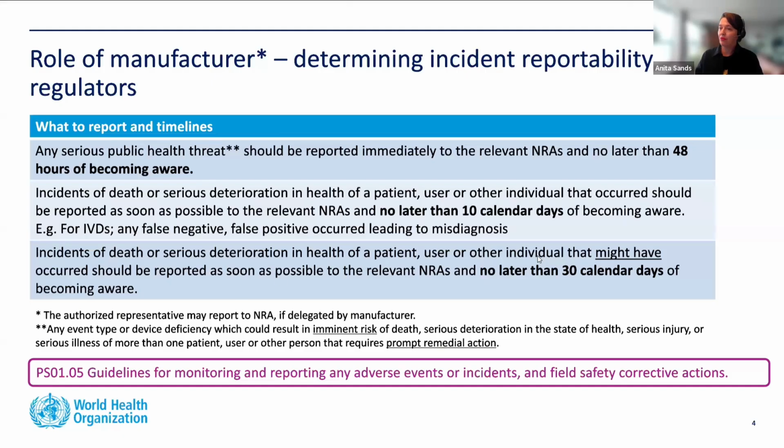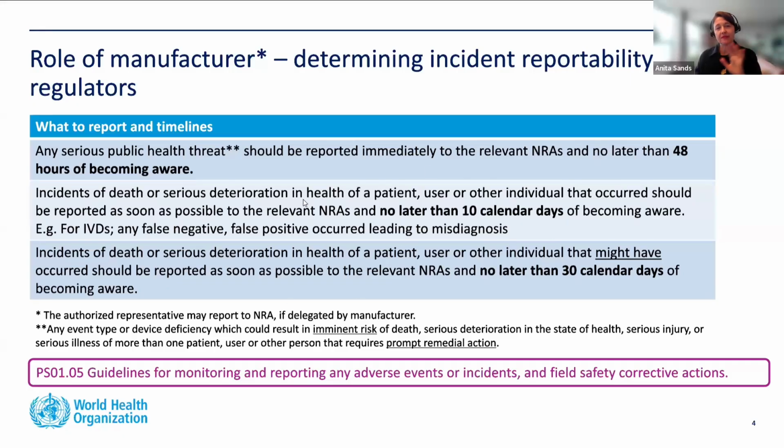And so we have one last category, which is when death or serious deterioration might have happened. And those are the kind of incidents that should come within 30 days. So I think here you can see these three timelines relate quite a bit to risk. These are sometimes called a near miss. And these are also a fairly large category.